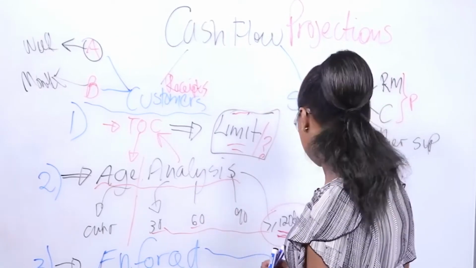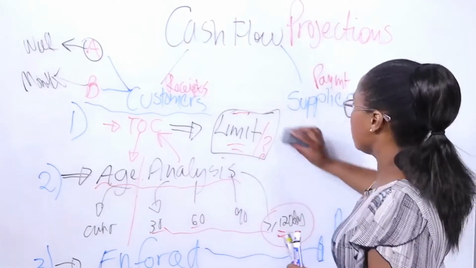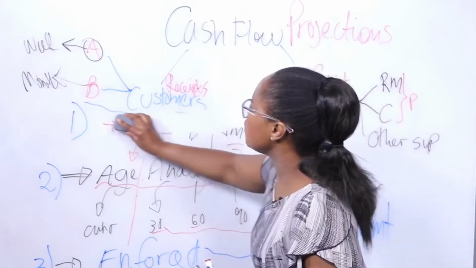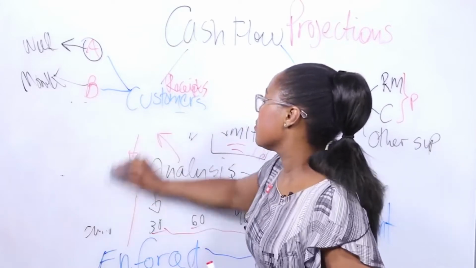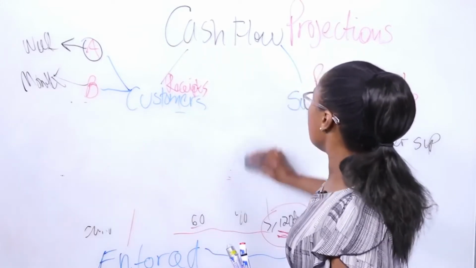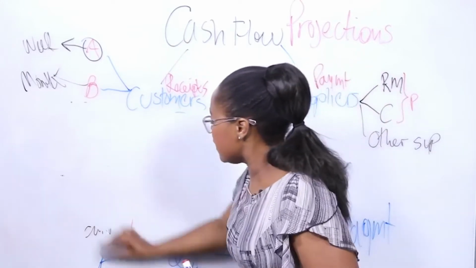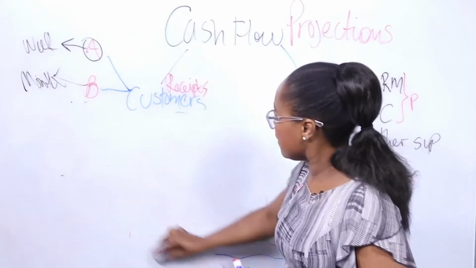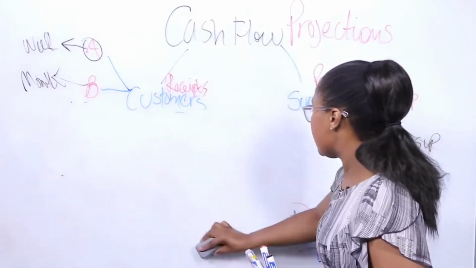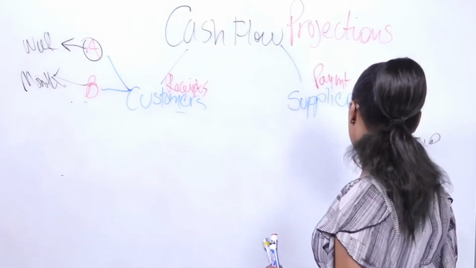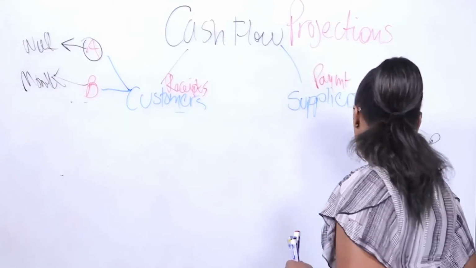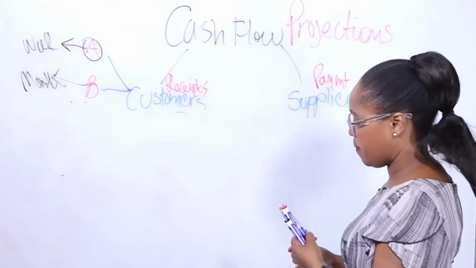And I will just remove this so that we can do the cash flow projection. So you will start with the listing of the customers that are your routine customers, to be able to know who is going to be paying.